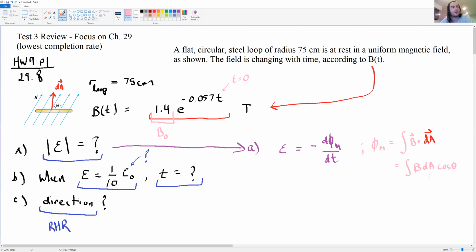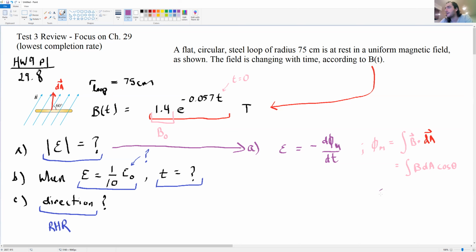So in the most general sense, you either have the integral of B dot dA or the integral of B dA cosine theta. Then you can determine which quantities are constant with respect to the integration variable. The integration variable here is dA. In this problem, the angle doesn't change with respect to dA, so that would just pull right out of the integral.